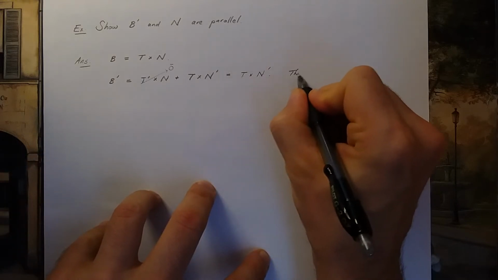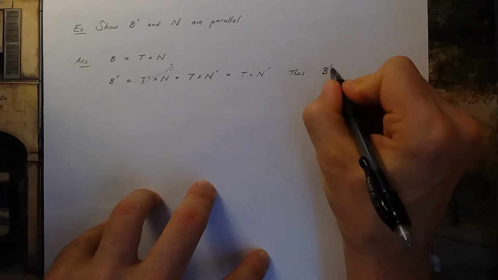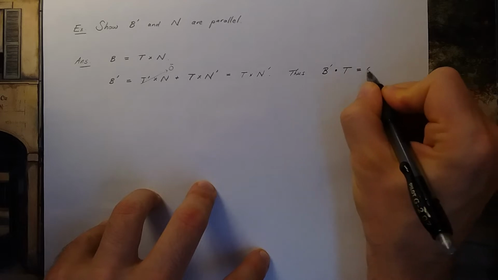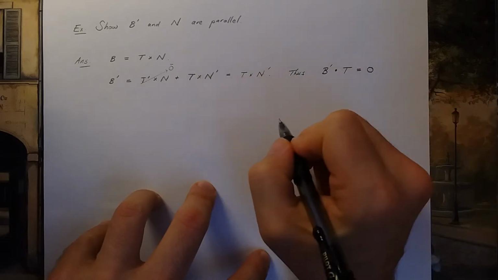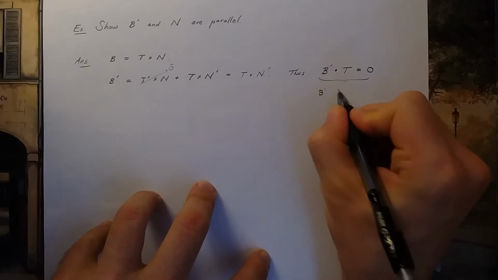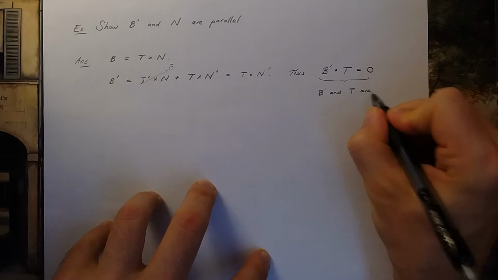So thus, what I'm going to say is b prime dot t is equal to the number 0. This means that b prime and t are perpendicular.